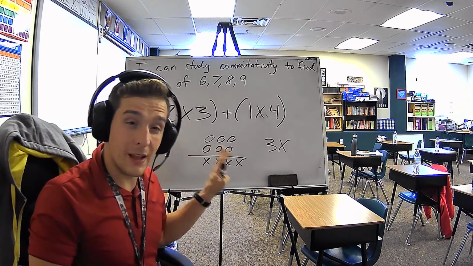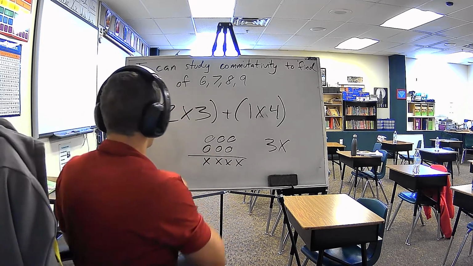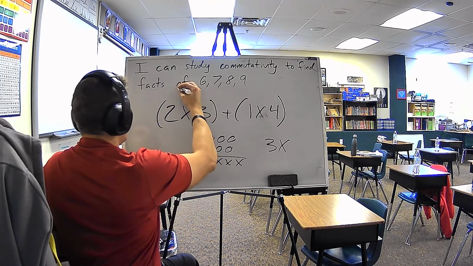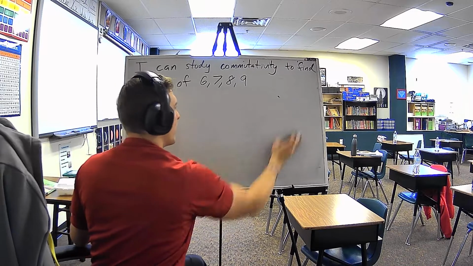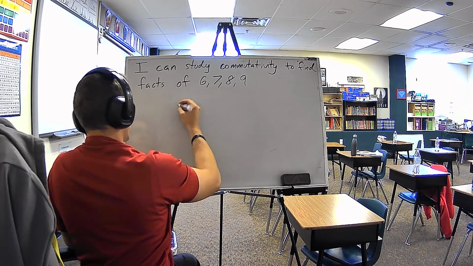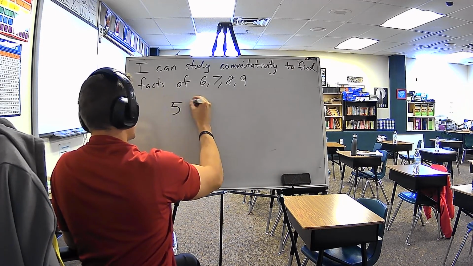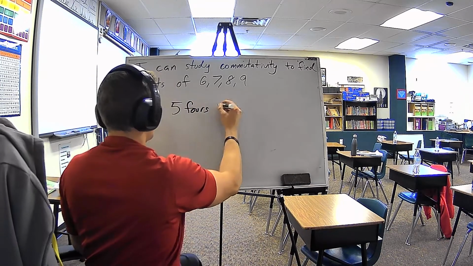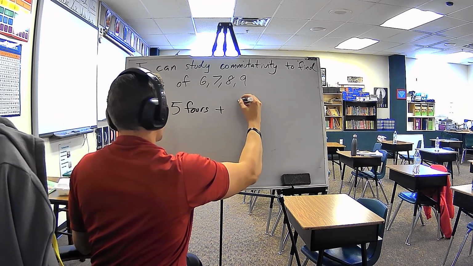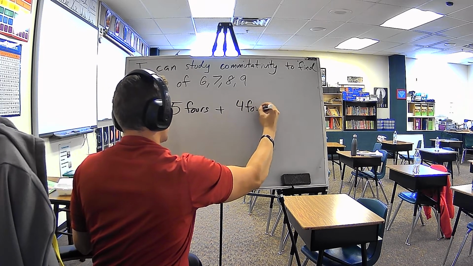You shouldn't have to worry about that too much yet, but I'll just go ahead and do another quick one for you to give you a visual. I'll do one where it doesn't really matter if we solve it or not. If you want to solve it, you're more than welcome to afterwards. It's 5 4s plus 4 4s.